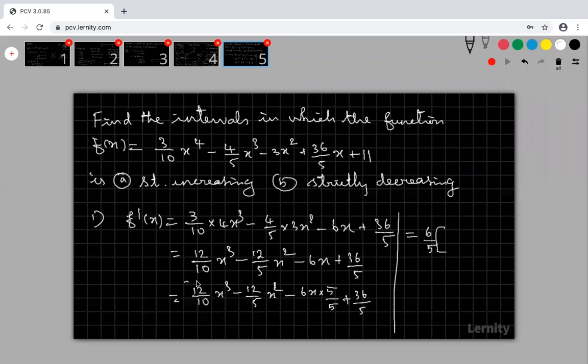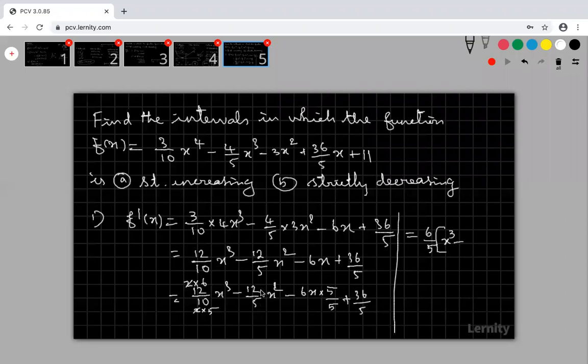Here, 12 by 10 is 2 into 6 over 2 into 5. With 6 by 5 already taken outside, these 2 and 2 get cancelled. My 10 is 2 into 5, my 12 is 2 into 6. The remainder is 2x cube by 2, the 2 cancels, so I get only x cube.